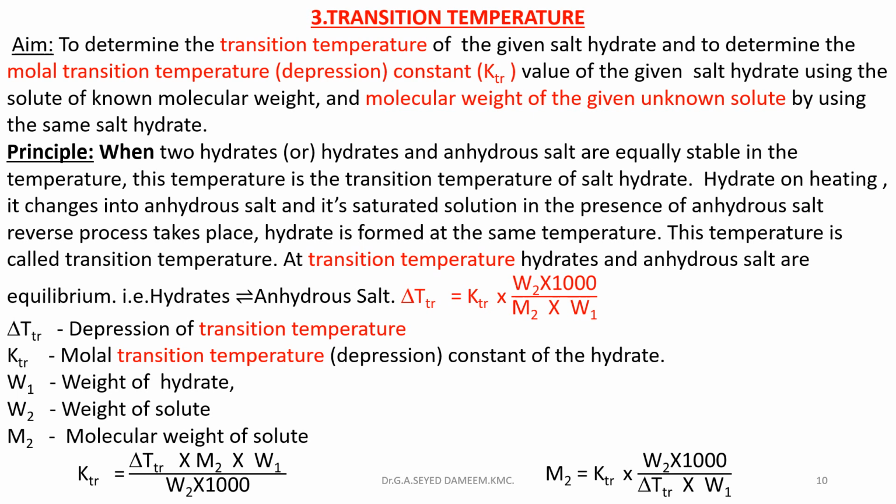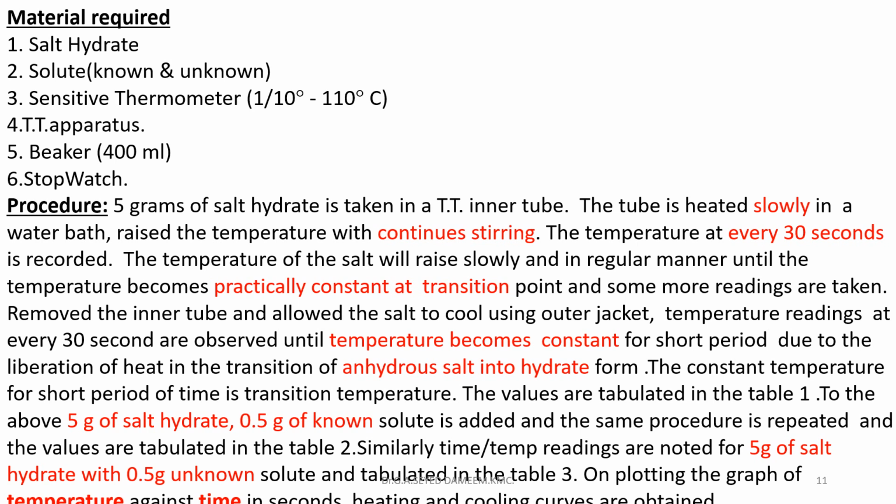And from delta Tr, T1 minus T3, we can simply calculate the molecular weight of the unknown solute. Here W2 is the weight of solute, W1 is the weight of solvent. Materials required for the experiment: salt hydrate, known solute, unknown solute, and a sensitive thermometer, TT apparatus, beaker, and timer.